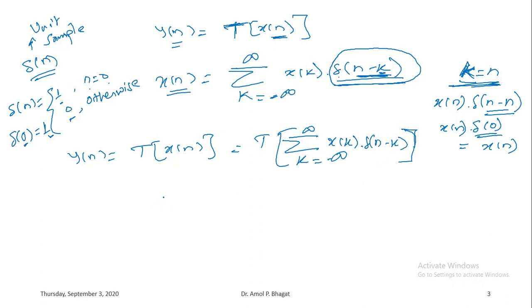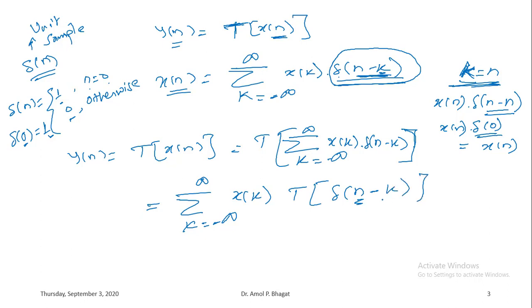Here x of k cannot be the input passed to the system, because we give the system only inputs which represent the actual discrete time. Small n is the time index used in the system, so we will feed del of n minus k to the system.